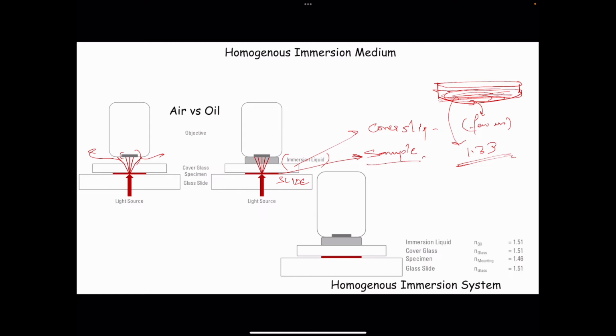Now, there are certain classically fixed specimens, such as thick tissues and pieces of plants, which are embedded in resins. There is Canada balsam, or there is glycerin gelatin, etc., which are usually used media for plant material.